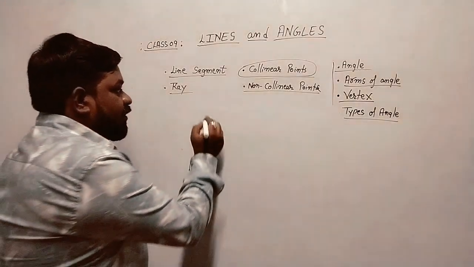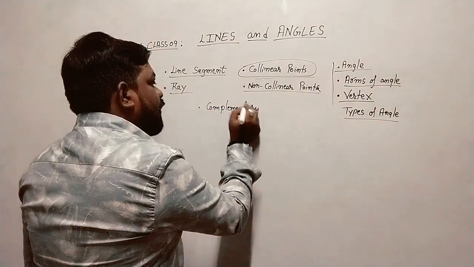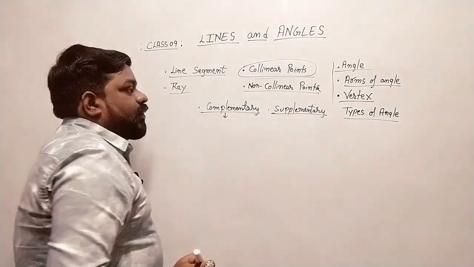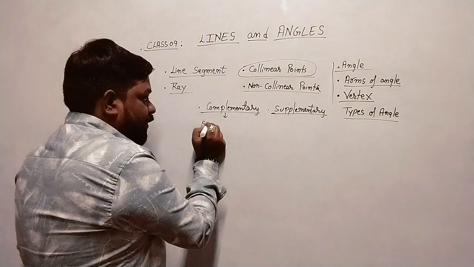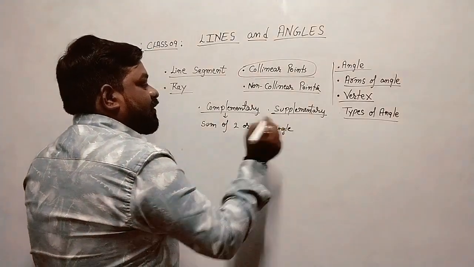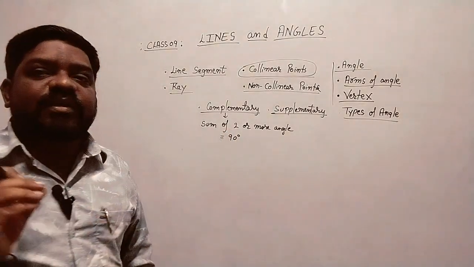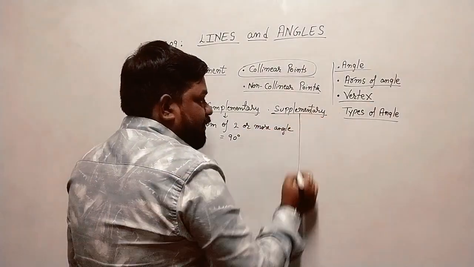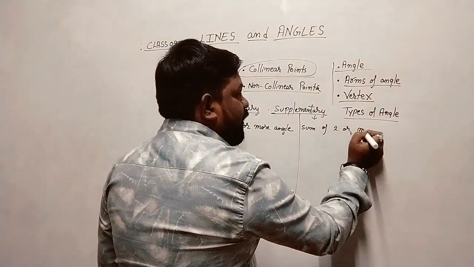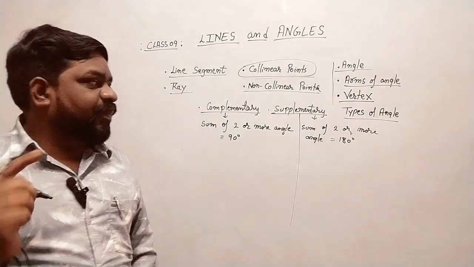Next, we will see what we mean by complementary and supplementary angles. If the sum of two or more angles is equal to 90 degrees, we call them complementary angles. Similarly, if the sum of two or more angles is equal to 180 degrees, we call them supplementary angles.